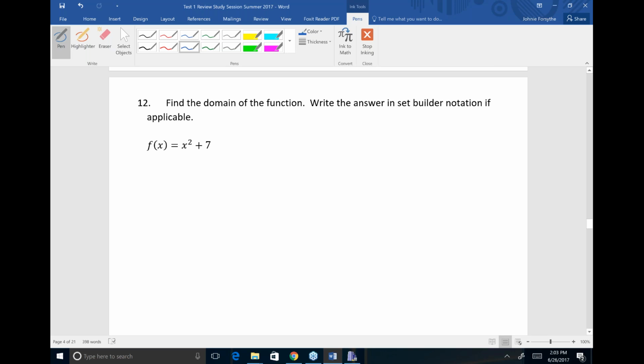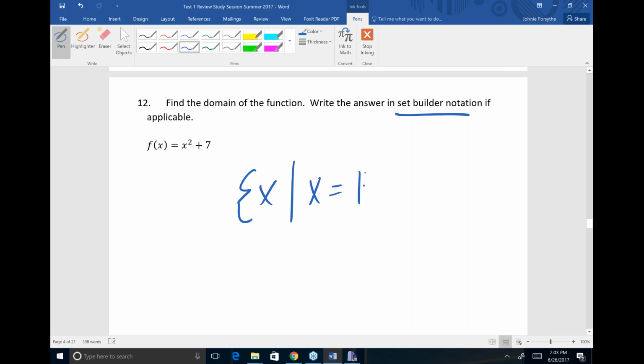This would be considered all real numbers. So that just means the real number system. To write it as set builder notation, I think that would look like you would say x, all values for x, such that x is all real numbers.